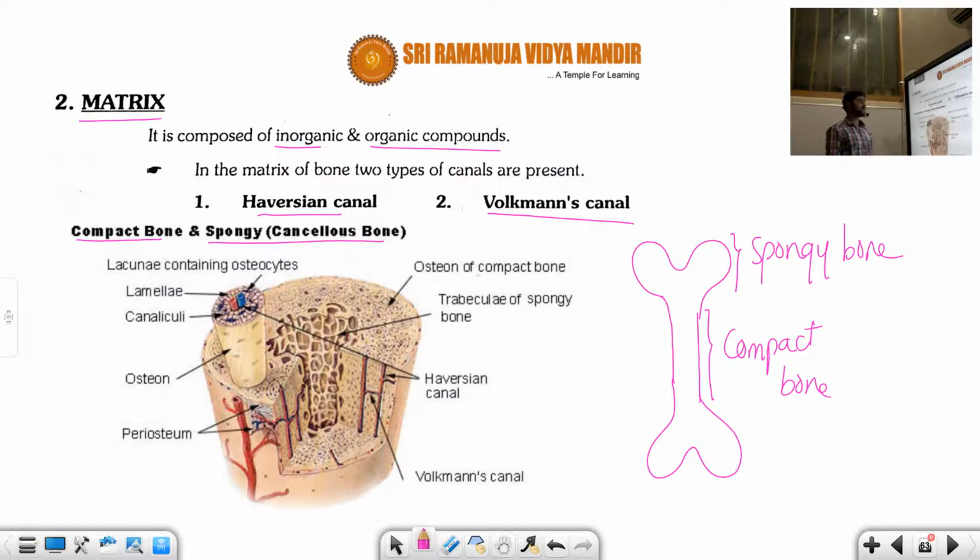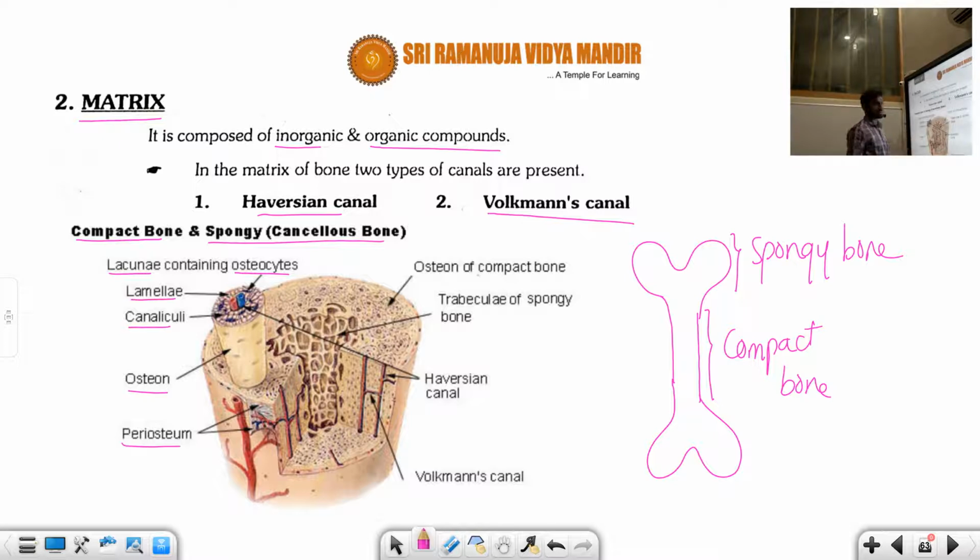The detailed information on the spongy bone and the compact bone I will teach you in the next class. Let us see here, students. Lacuna means a space containing the osteocytes. Lamella is present, canaliculi are present, osteon is present, periosteum.